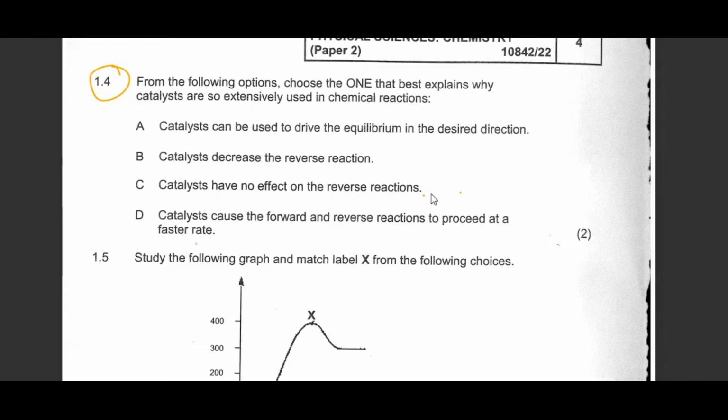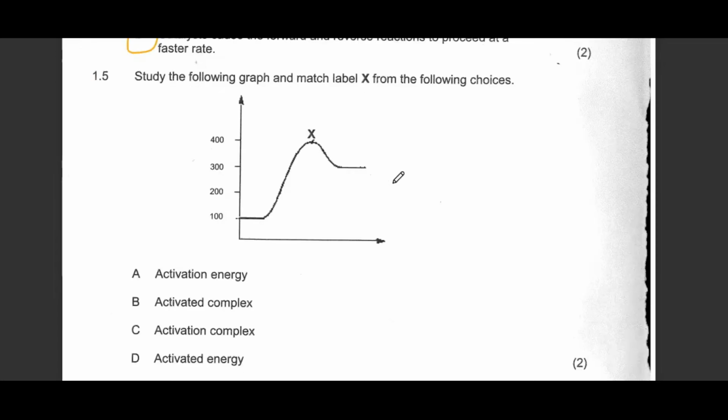Yeah, so it depends on which catalyst you have applied. There are some catalysts which favor the reverse reaction at a faster rate or the forward reaction at a faster rate, depending on what the producer wants. There is one answer which is the most correct answer. So if it is the most correct answer, then you take that. So don't rush to circle or to give the point out.